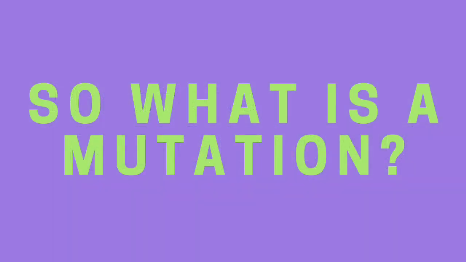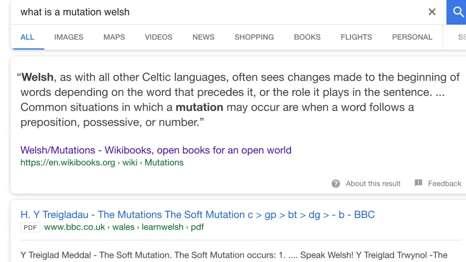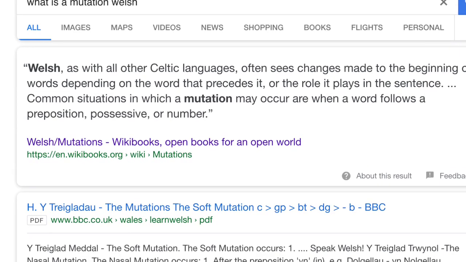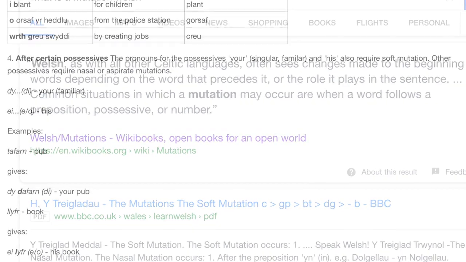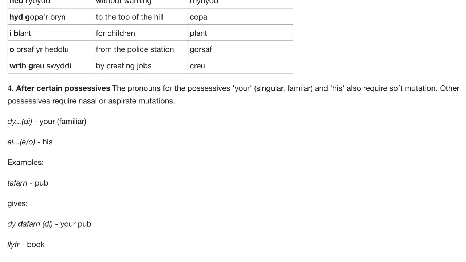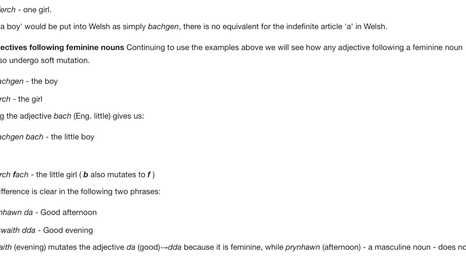So what is a mutation, you may ask? Well, a mutation happens when certain words trigger the words that follow them to change their first letter. A mutation only happens in certain conditions and, thankfully, mutations only affect 9 letters of the Welsh alphabet.